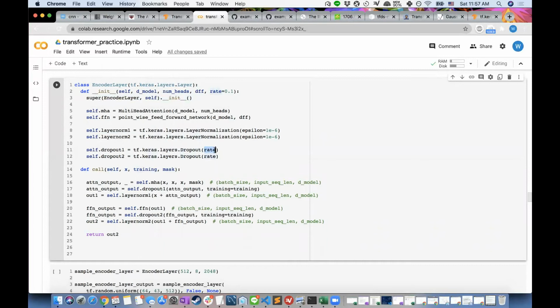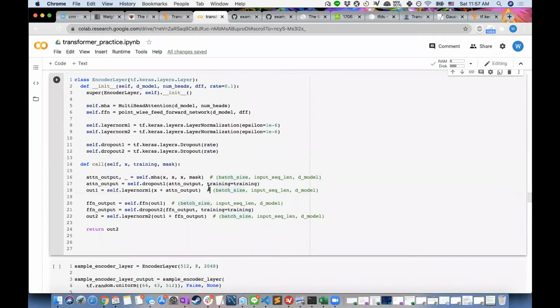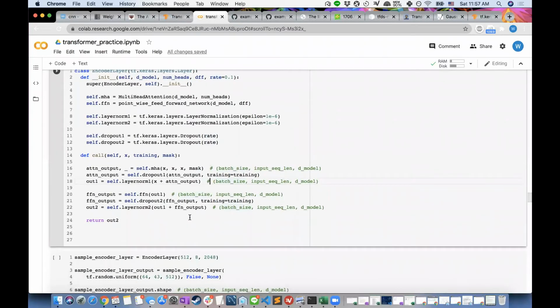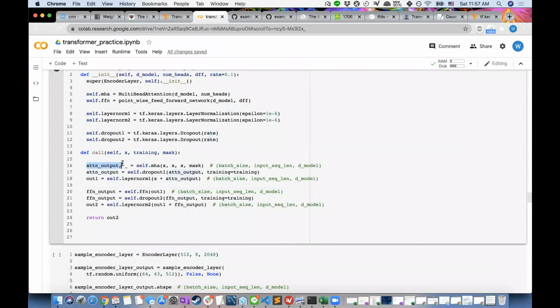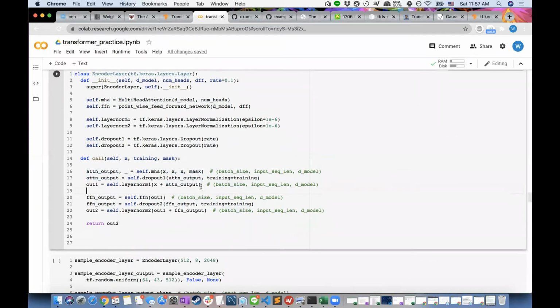We pass the rate we want to drop, and it's usually 0.1, the standard dropout rate. Pretty straightforward. Then we define a call function under that class: attention output equals self.mha, passing in x, x, x, and mask.